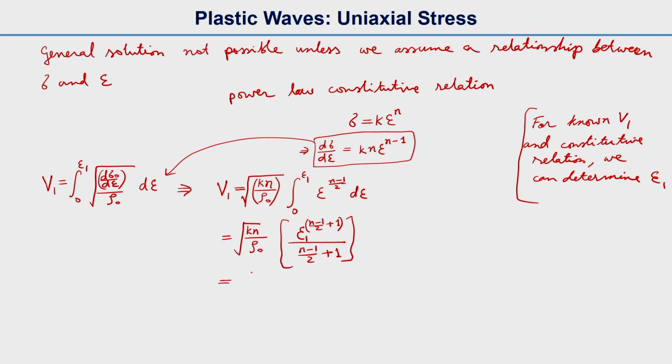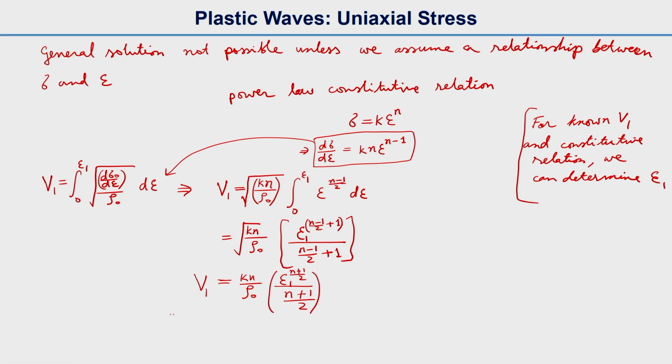Now we can write V1 as the square root of k n over rho naught, times 2 over n plus 1, times epsilon 1 to the power n plus 1 divided by 2.